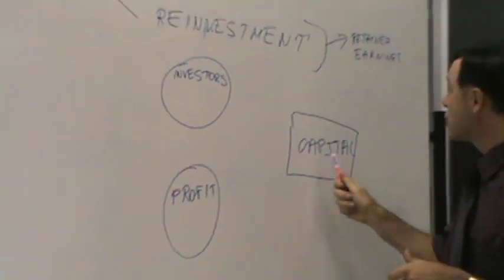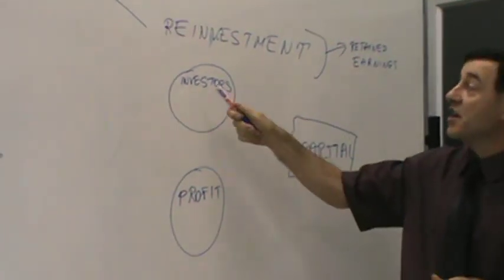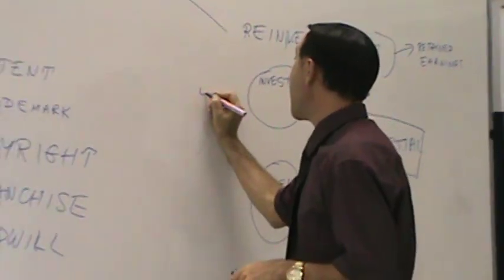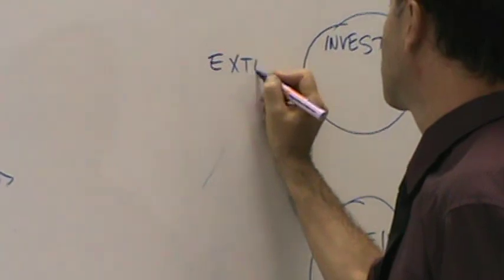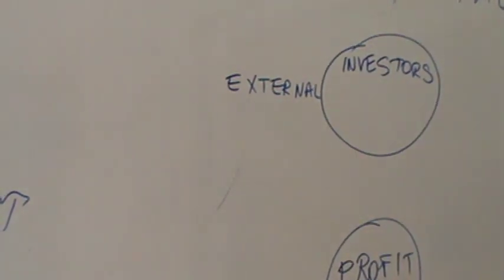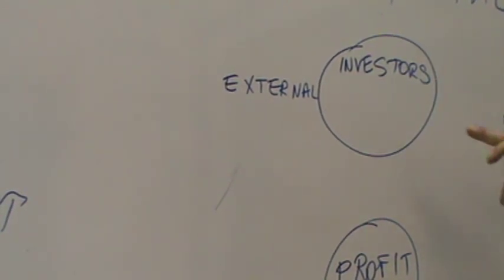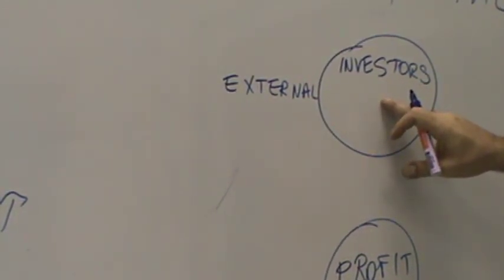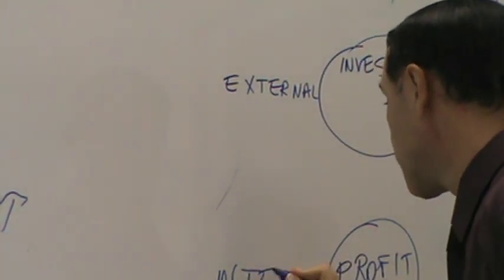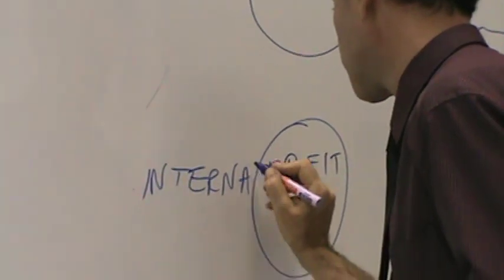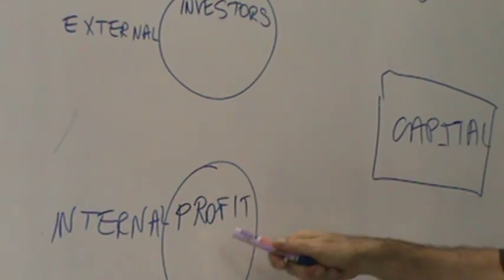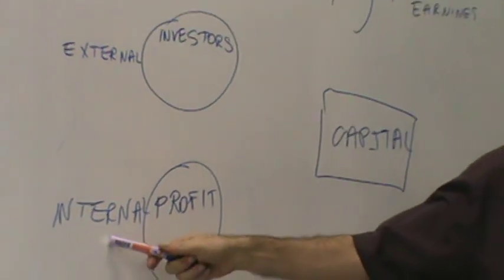So, the two sources of capital are investors and profits. The investors we call external sources of capital, and we call this external growth, and profit is internal. And profits, reinvested profits, represent internal growth.